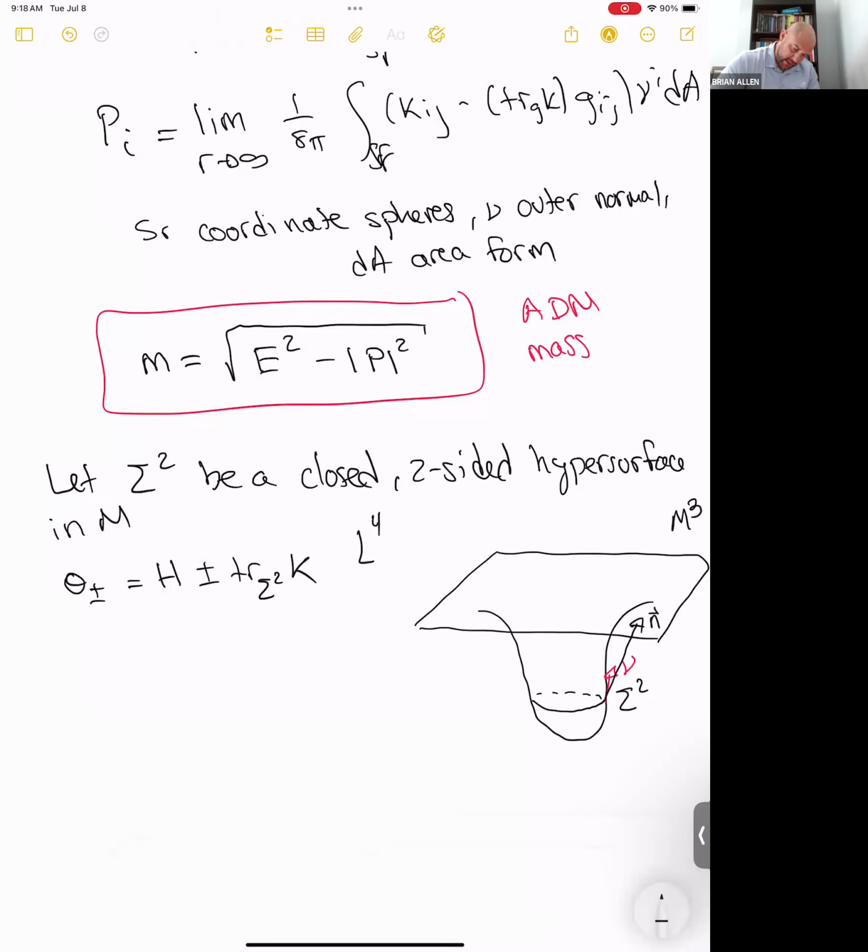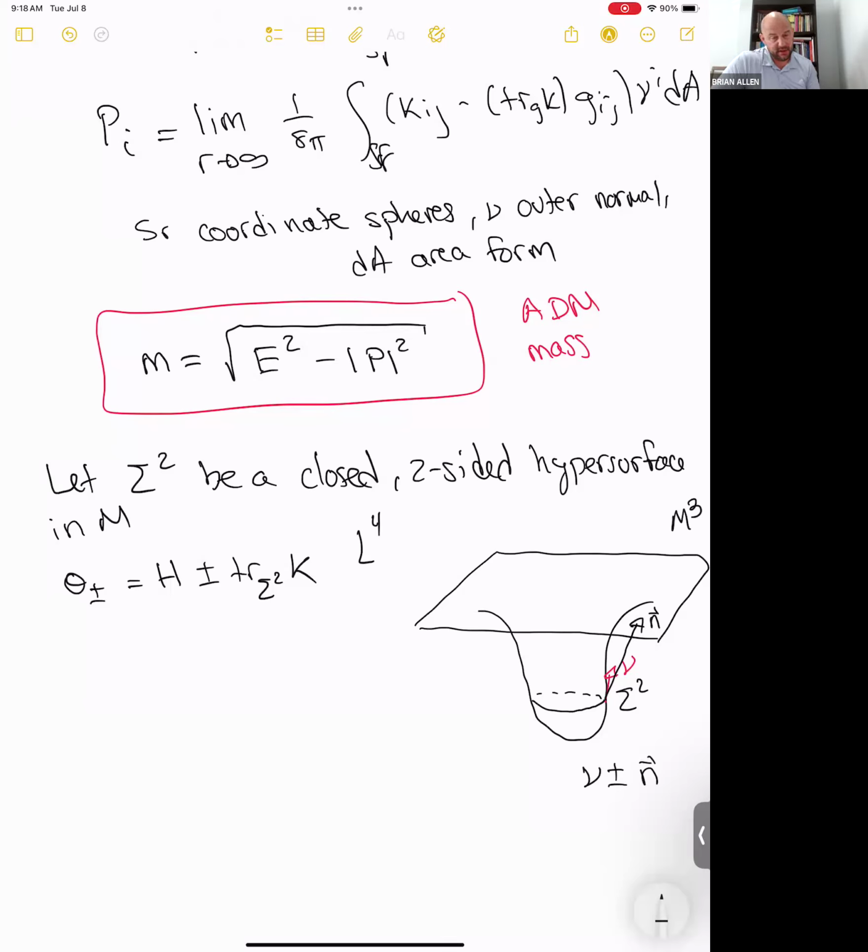And the point is that H is the mean curvature with respect to nu, and then you're going to take the trace of K, which is like taking the mean curvature in the direction of M, and you're going to either take the plus or the minus of this. So it's actually like taking the mean curvature in the direction of nu plus or minus N.